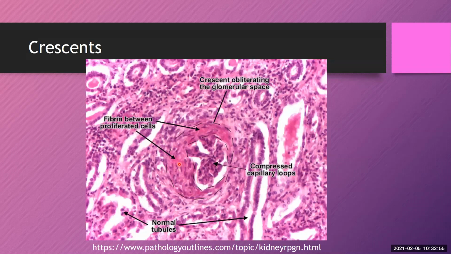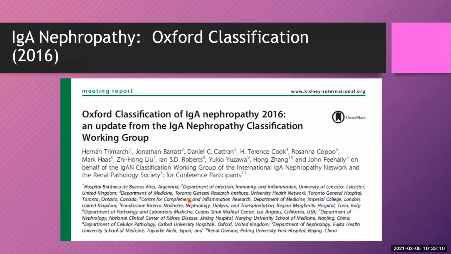The longer the crescents are there, the older they get, and they become less cellular and more fibrous as they age. So the fresh ones are called cellular crescents, and the older ones are called fibrocellular crescents.